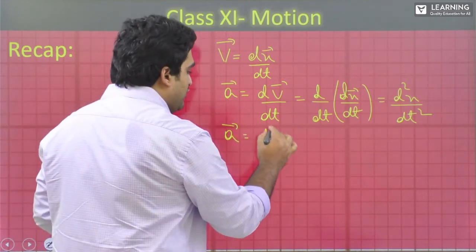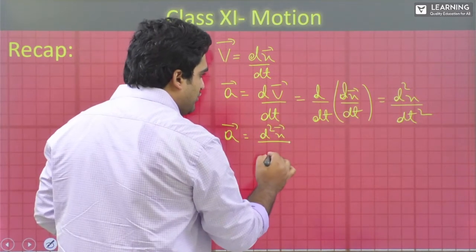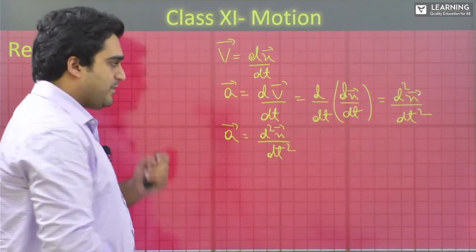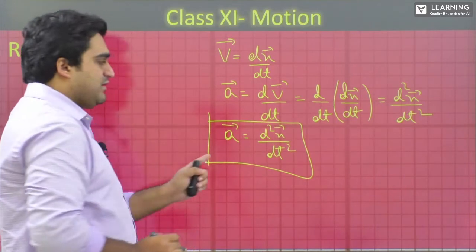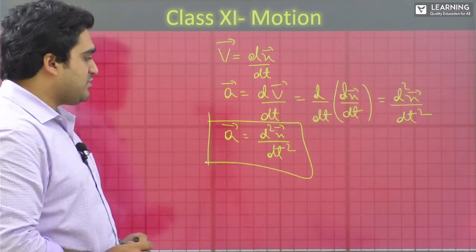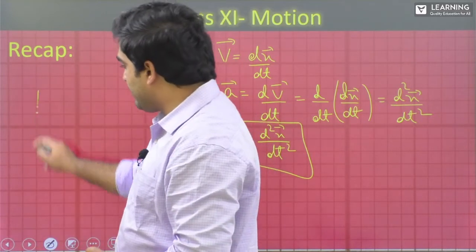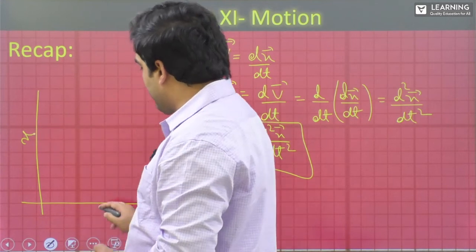So first I wanted to show you this relation before we could plot. I wanted to show you this relation and then we can proceed with plotting. So this is how acceleration is related to displacement. So now let us plot in an XT graph.